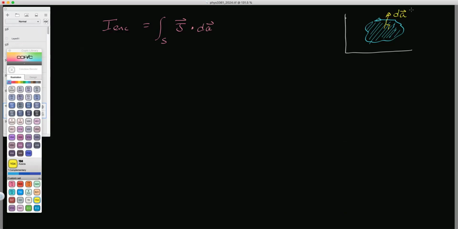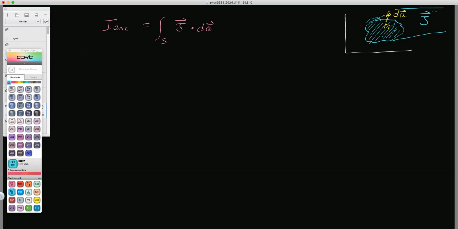But this little loop might be part of, so this is not drawn well, sorry. This might be part of a long thing, and this is its cross section, and there's a volume current J flowing through. But that volume current may have components that are not perpendicular to that weird shaped wire or something.